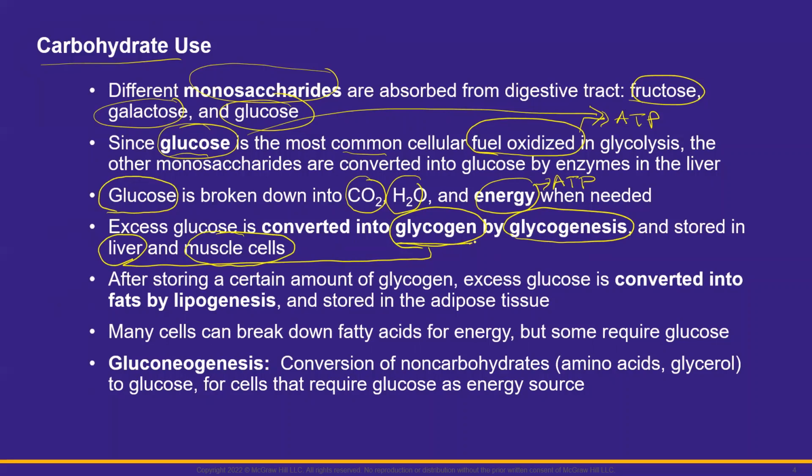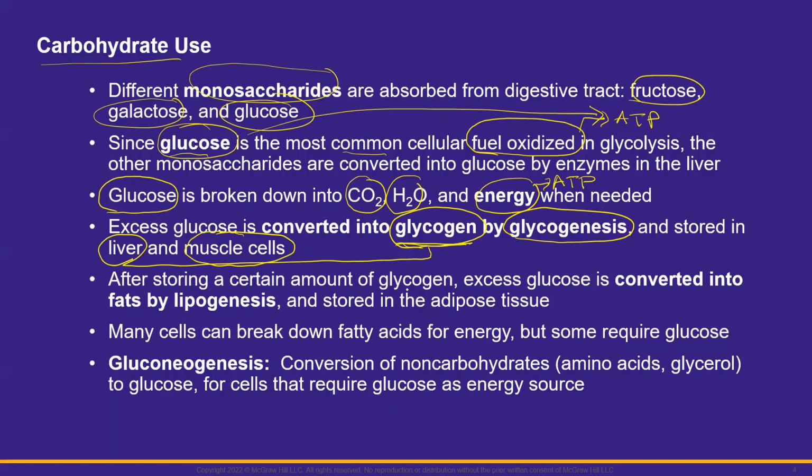If we have excess glucose, mostly it will be converted into glycogen. If we have even more glucose, some of it will be converted into lipids, into fat that will be stored in the fat tissue, adipose tissue.